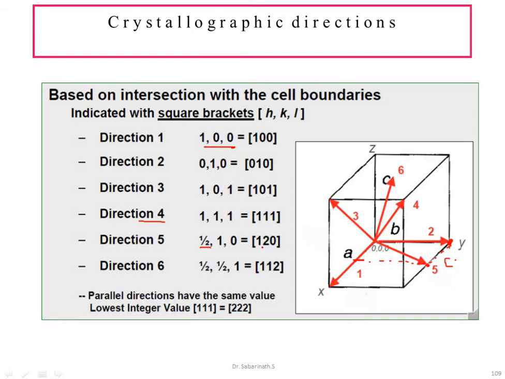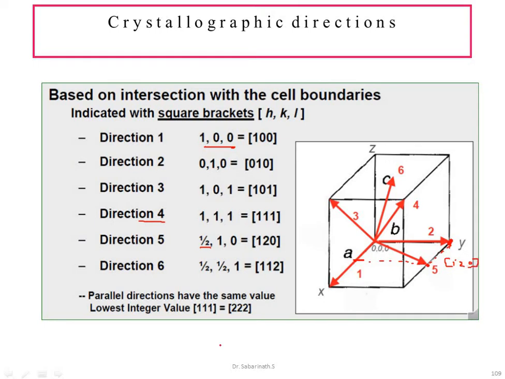For easy representation, we cannot write it like this, so we multiply throughout with the denominator, that is 2. The value becomes 1, 2 and 0, and that is how we write it here.